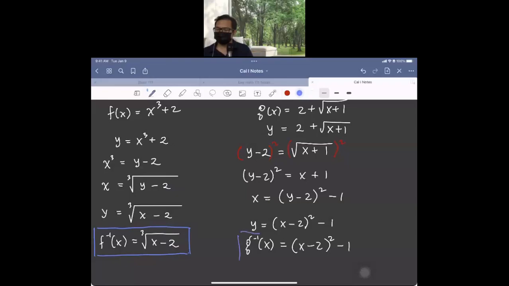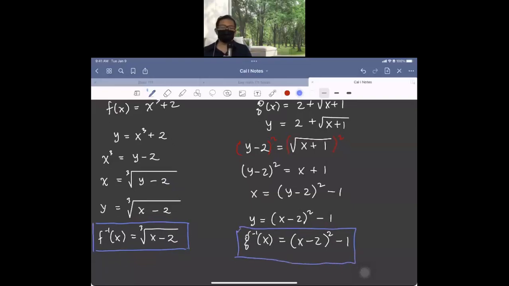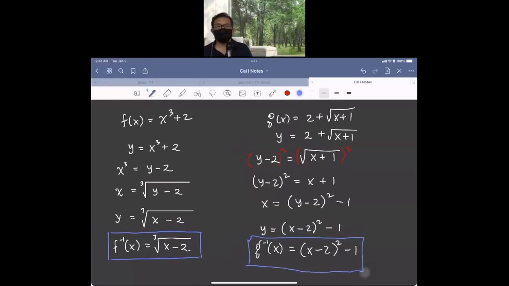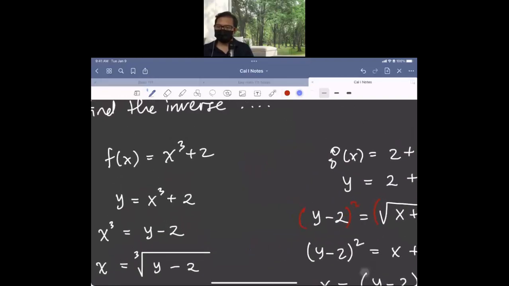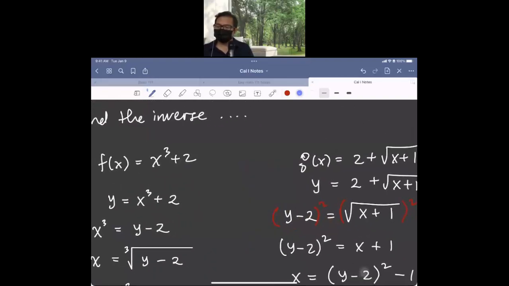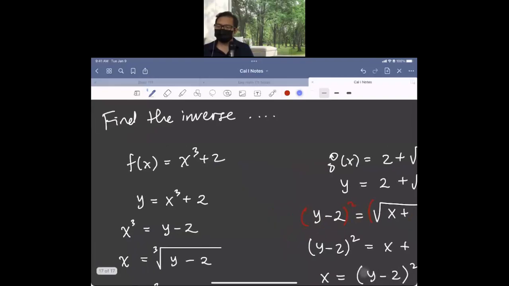Okay. And don't forget in these two cases, we also need to look at the domain that we need to consider. Basically, what happens between these two is that for this function here, we have plus 2.